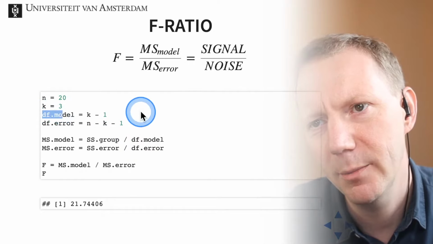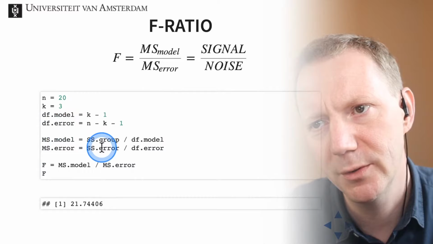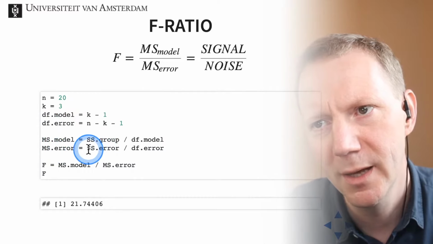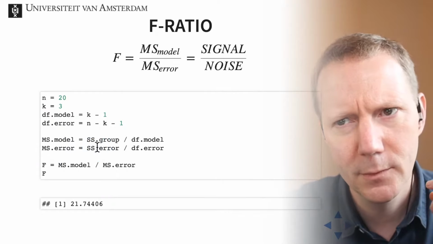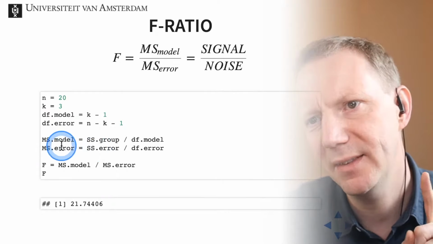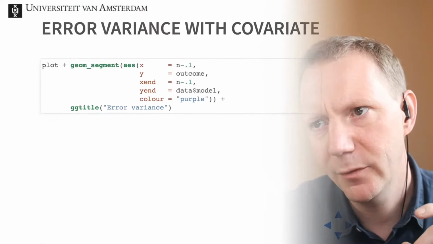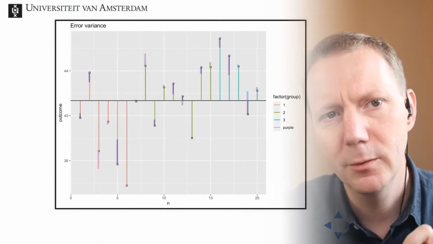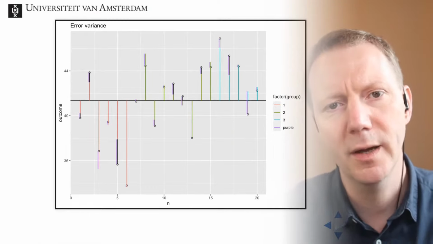It's the k minus 1, where the degrees of freedom for the error, we also need that for the mean squares of the error. But the thing to notice here is that the error term is determined by the full model. So we're going to see this again tomorrow in the factorial ANOVA.